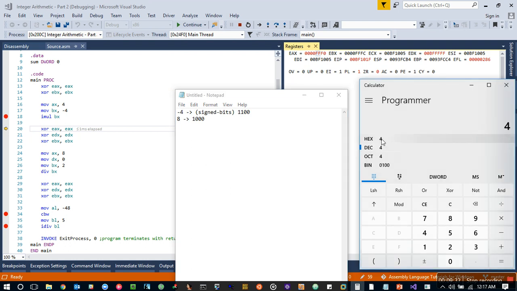So we see 4, right? Now, in decimal 4, if it is FFFC, which is 65,532 something, it is stored as 1100.